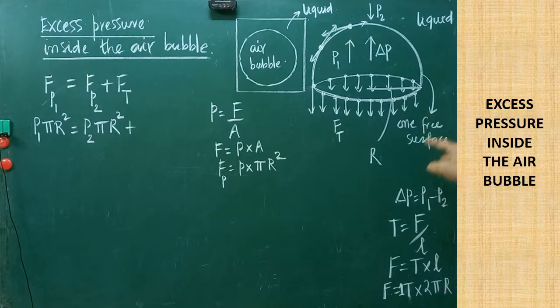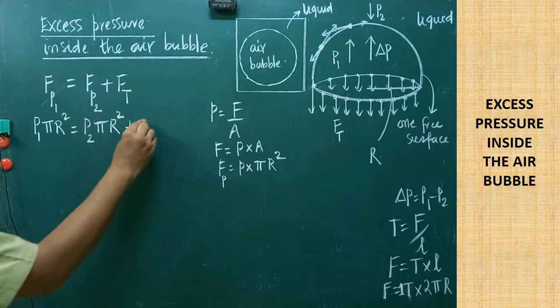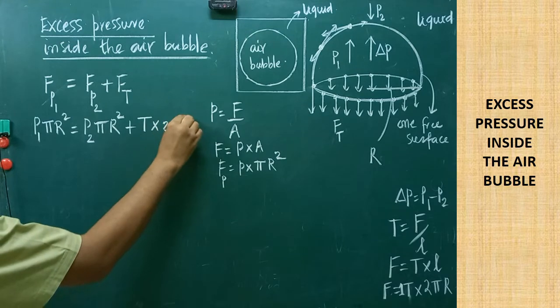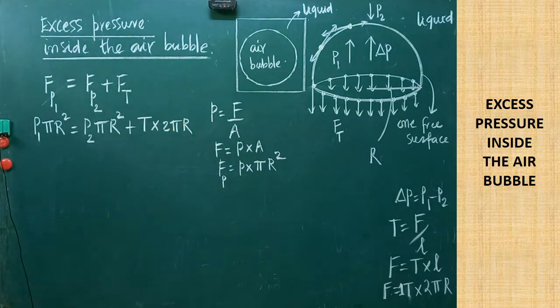Since only one free surface on which force due to surface tension is acting, therefore 1 must be written, don't forget. Now the force due to surface tension formula is ready: T into 2 pi r. Are you clear? So this is the formula.